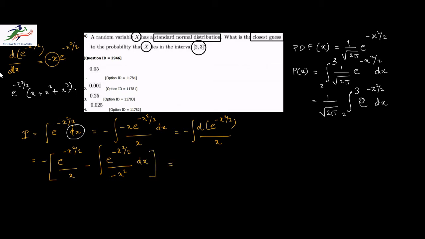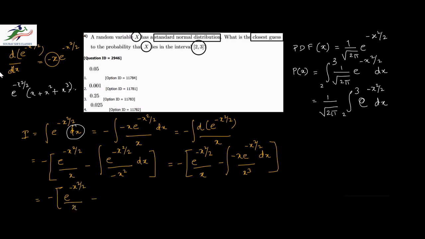So this can be written as e to the power minus x square by 2 over x minus of integral of minus x e to the power minus x square by 2 dx over x cube.